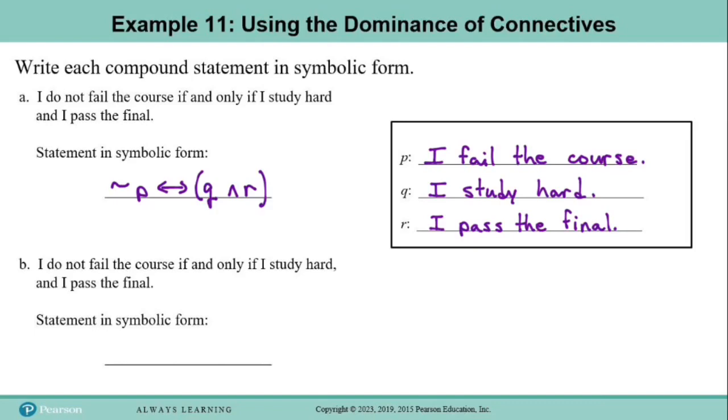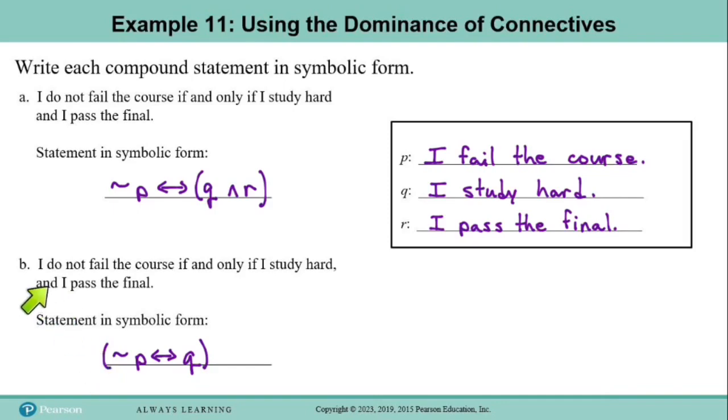Okay, so the comma tells me that everything that comes before the comma is to be grouped together. So here we're still going to have not P, if and only if Q, but that comma tells me that these things should be grouped together. So I'm going to go ahead and put that in parentheses.